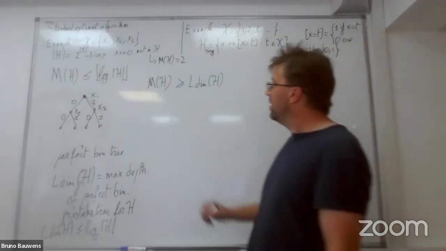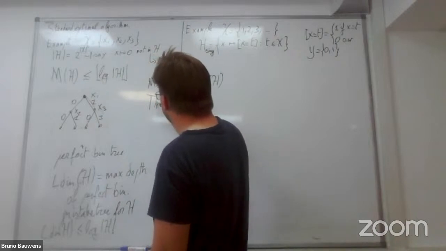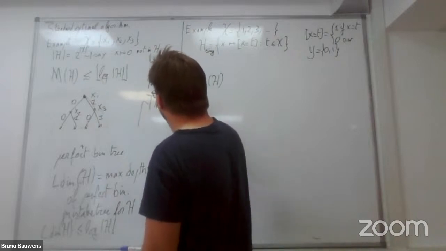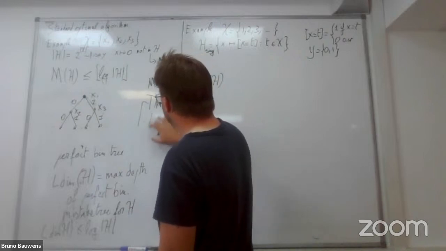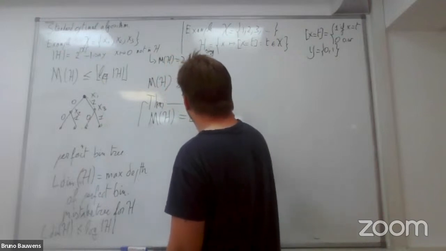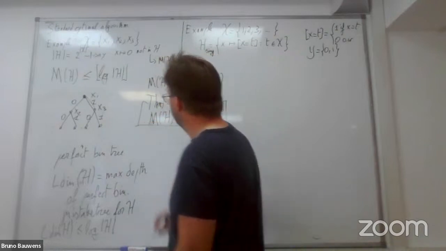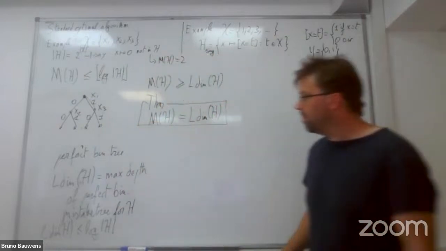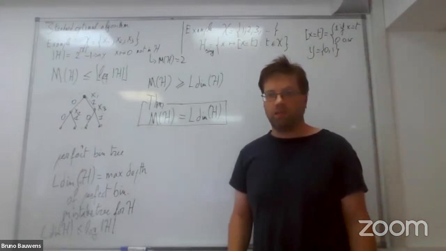Okay. And so now we have a theorem that says that the mistake bound, that is M of H, is exactly equal to the Littlestone dimension of H. And so there is a really nice algorithm for it.